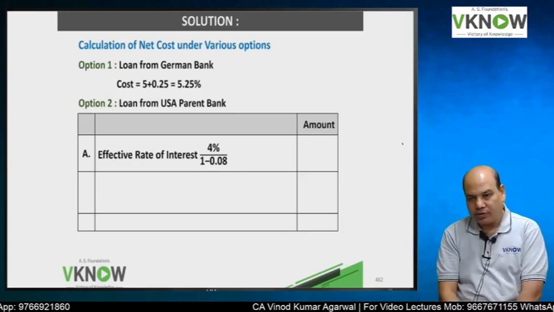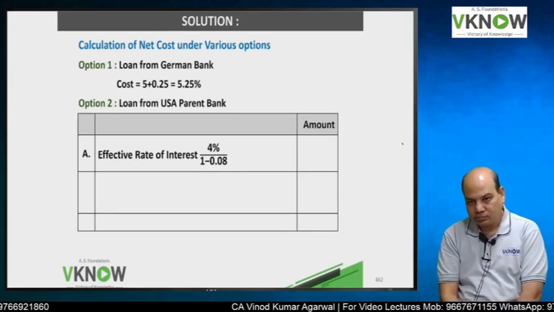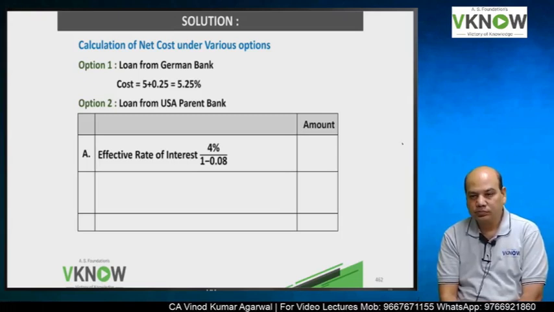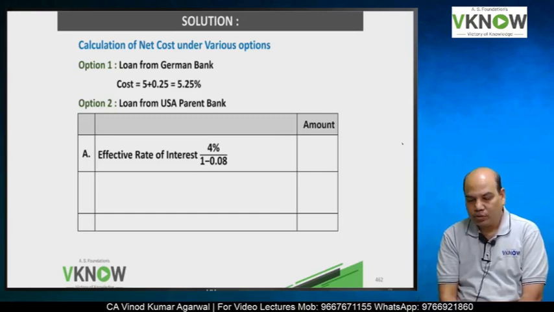Effective rate of interest: 4% divided by 1 minus 0.08.